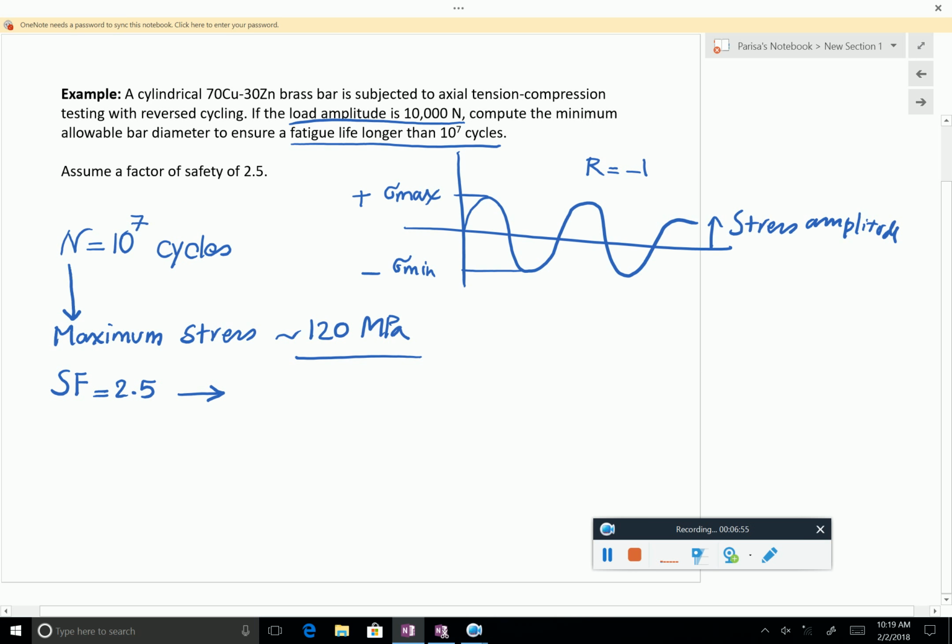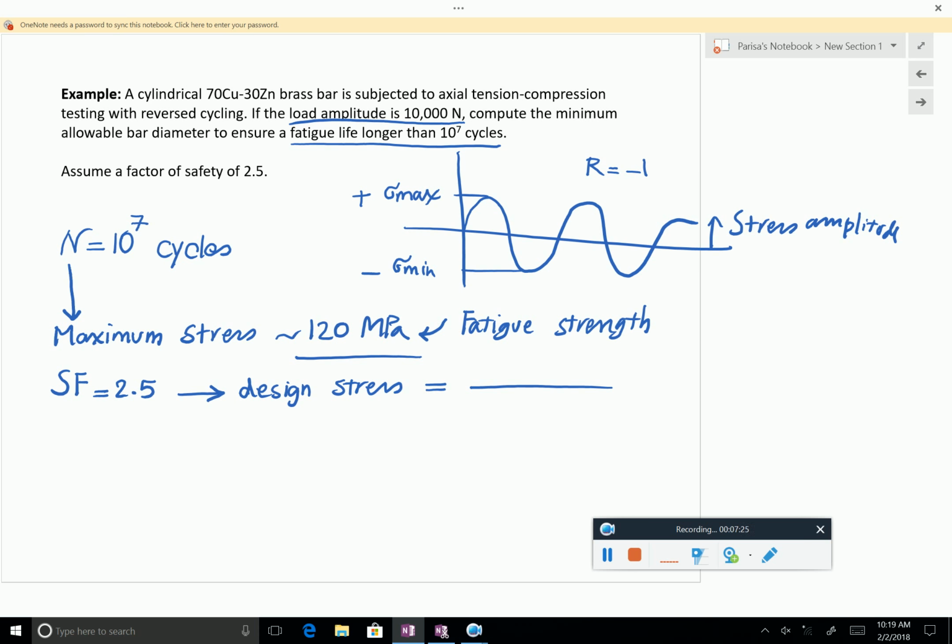So we need to actually design, so you can think about this 120 as fatigue strength. You know how we had before, like maximum tensile strength for the little beam that you also had in your homework?